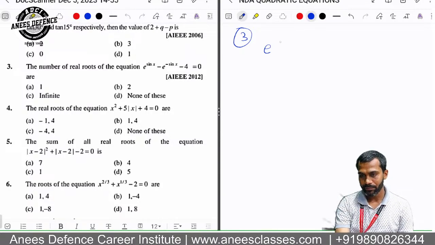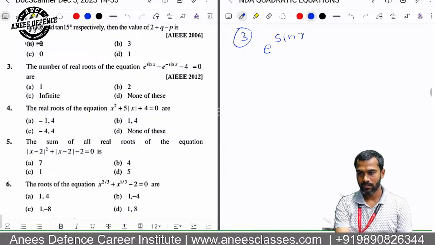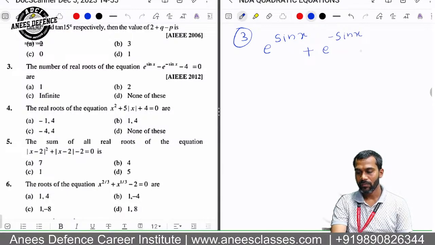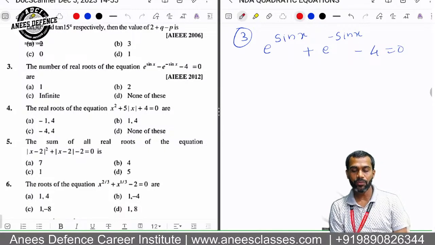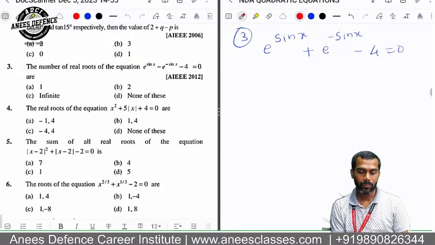e raised to sin x plus e raised to minus sin x minus 4 is equal to 0. Yes, we need to find out the number of roots.